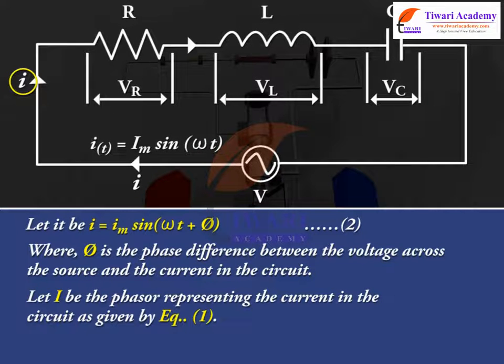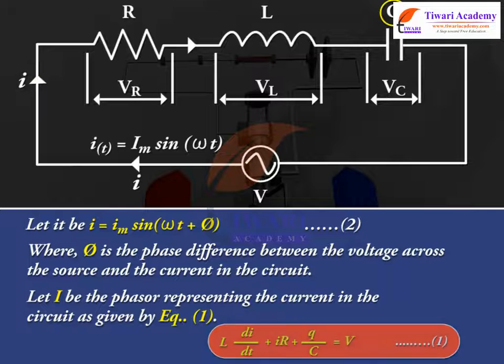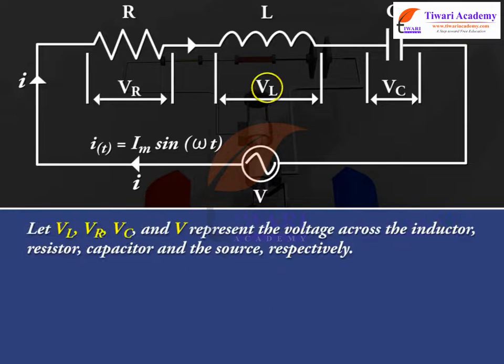Let I be the phasor representing the current in the circuit. Let VL, VR, VC and V represent the voltage across the inductor, resistor, capacitor and the source respectively.